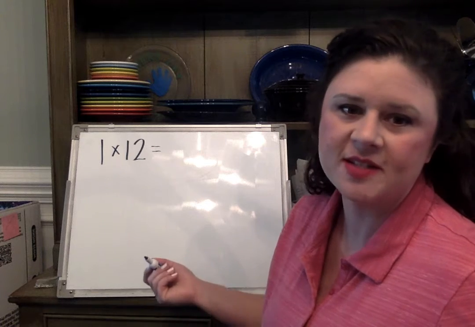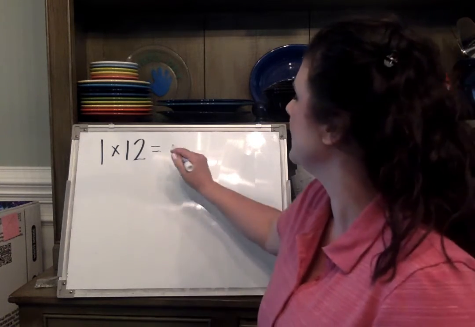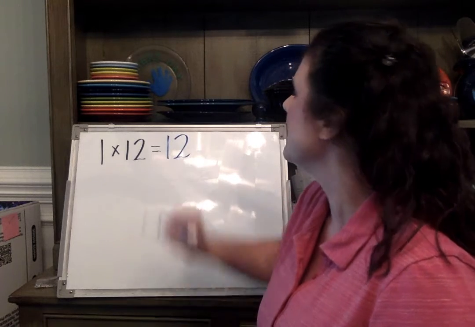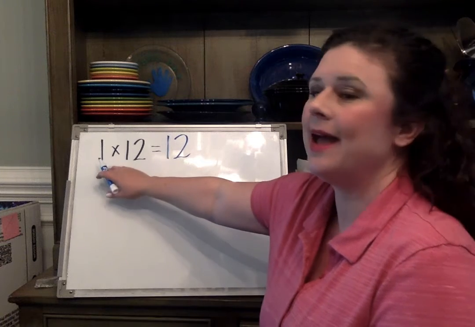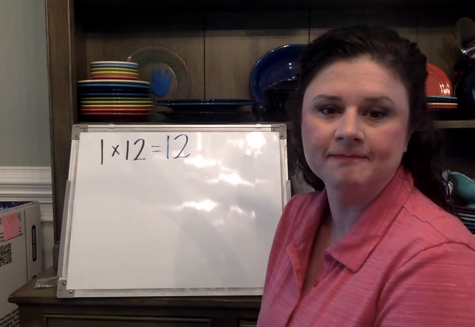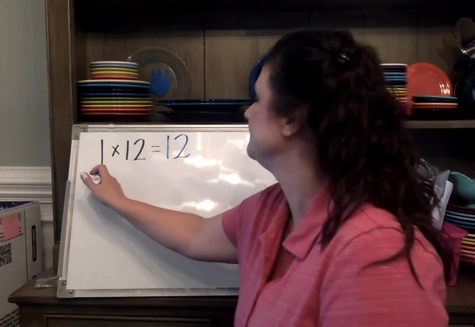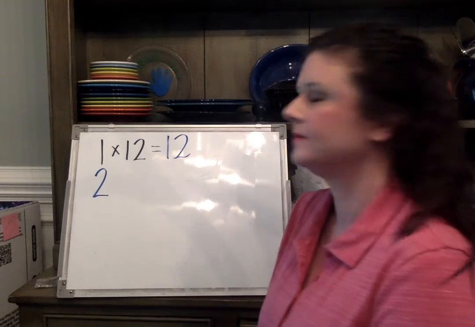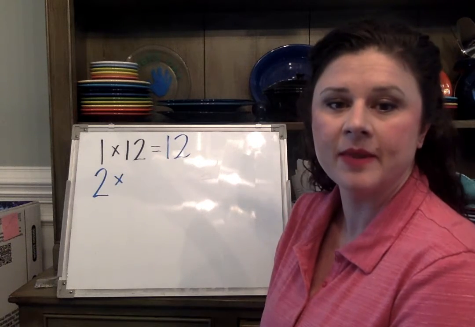Of course, this is the identity property where 1 multiplied by anything is the other number. So we know this answer is going to be 12. But let's look. Can I half 1? No, then I'm going to have to do what? Double it. If I double one number, I'm going to have to do what to the other?